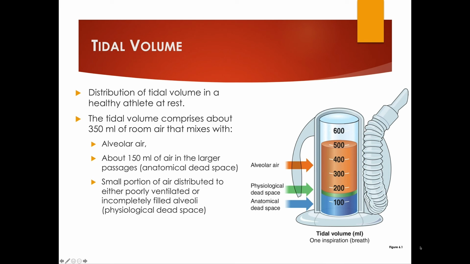And then a small portion of air is distributed to either properly ventilated or incompletely filled alveoli, so there's a physiological dead space. So you'll have some dead space that doesn't participate, but then the alveolar air. And so when you see that about 150 milliliters of air in the larger passages, so when we inspire, well, let me take this back.